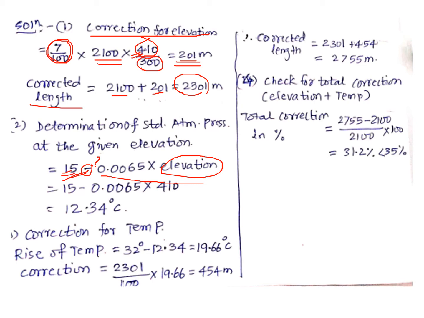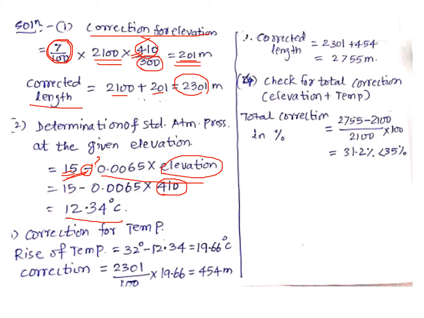In our case of 410 meters, the value comes out as 12.34 degrees centigrade. So note it down please: 12.34 degrees centigrade is the standard temperature equivalent to the standard temperature at mean sea level. This is not the reference temperature; the reference temperature we have to calculate.